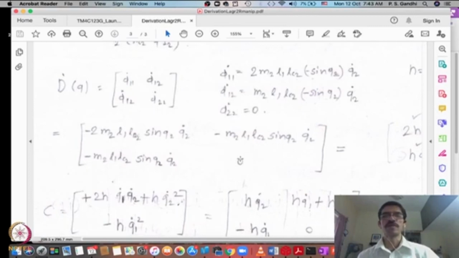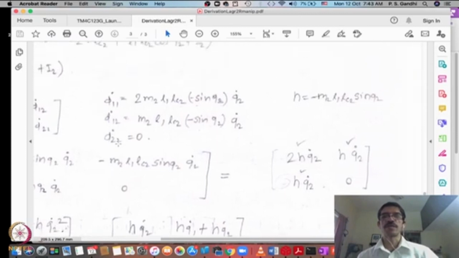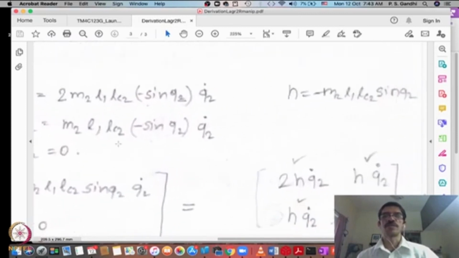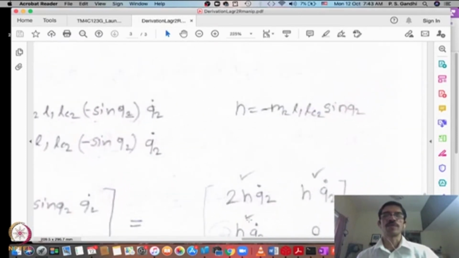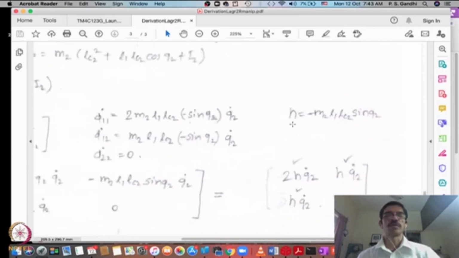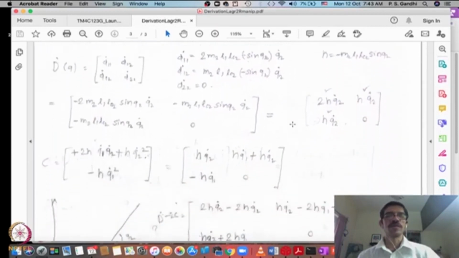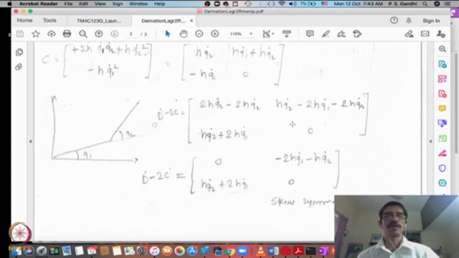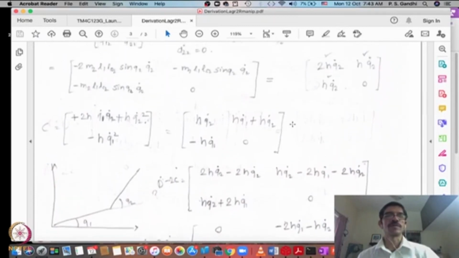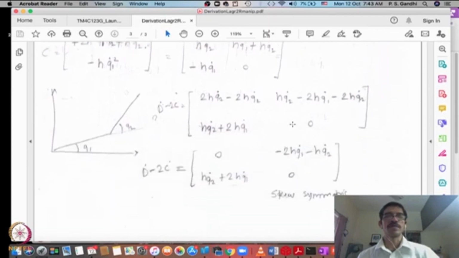Again, by using this H as this value here, I have used H equal to minus m2 l1 lc2 sine q2. If I use that as the H value, then I get D dot equal to some part, and when I take D dot minus 2C, it gets into the skew symmetric form.